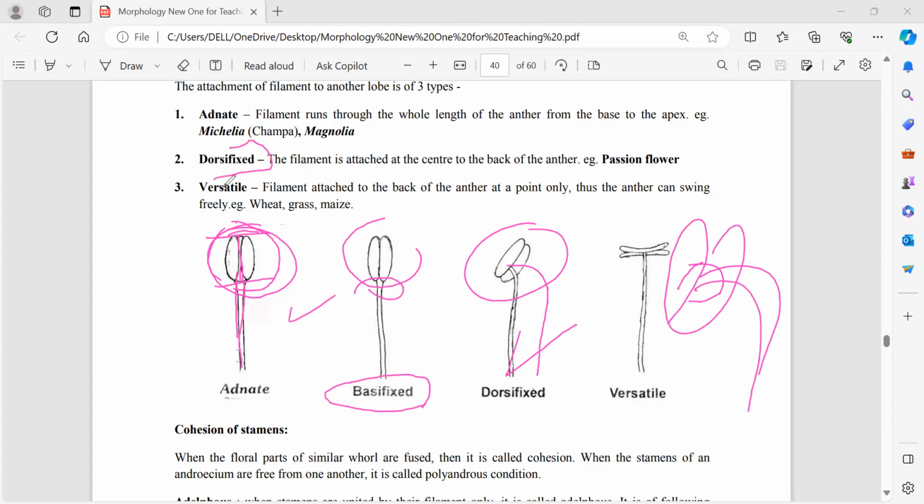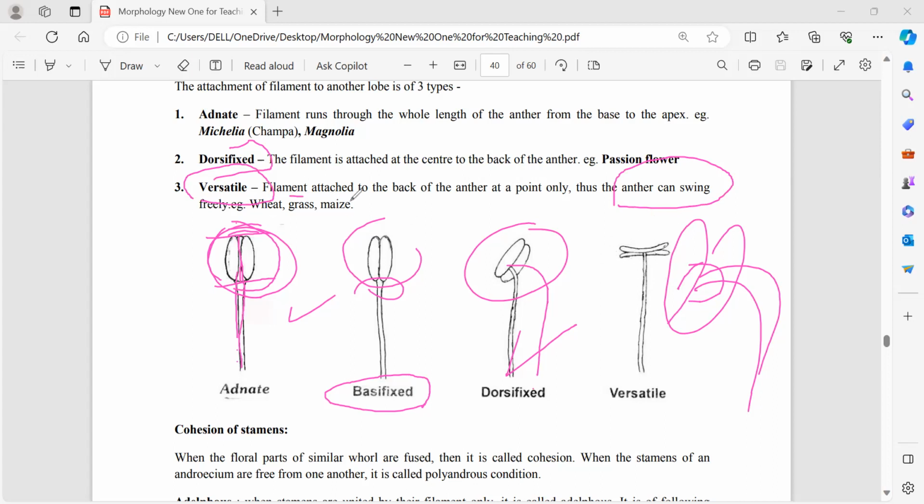So now coming to the next condition, this is versatile. When we talk of the word versatile, this means that the anther can swing freely on the filament. This anther has free motion. But how is this position achieved?